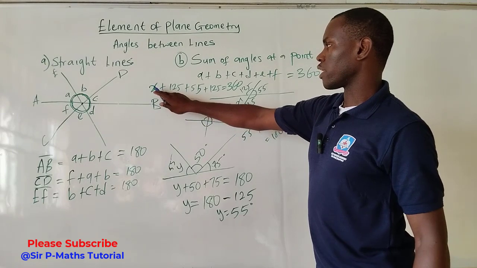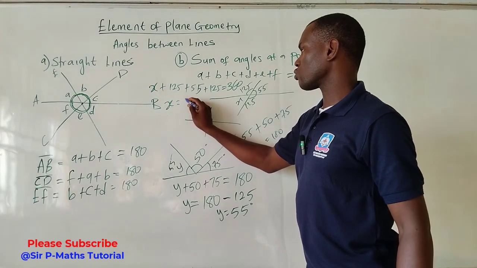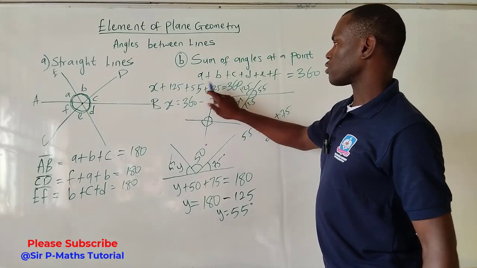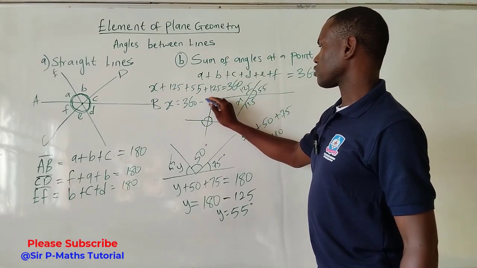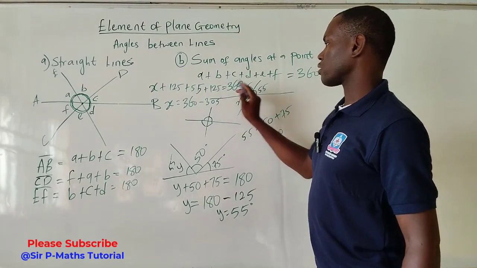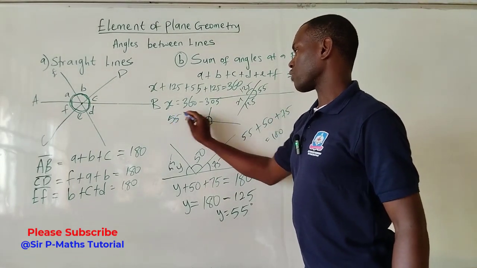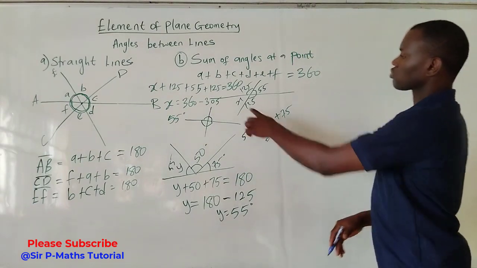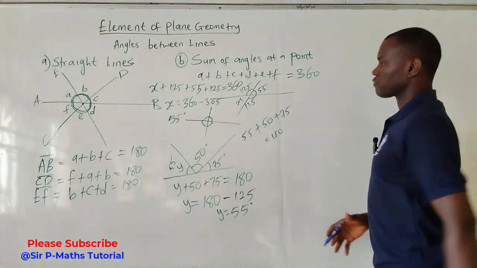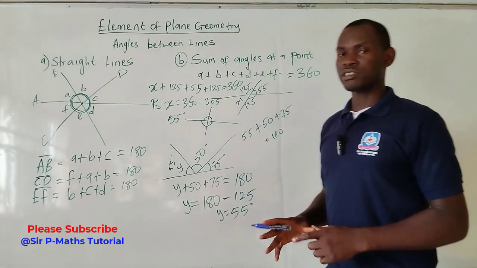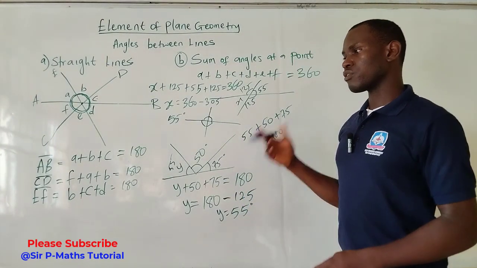Then we make x the subject of the formula. X is equal to 360 minus the summation of these whole angles, that is 305. If I subtract it, I will obtain 55 also, all right? So here is as well 55 degrees. So whenever you have angles around a point, summing all of them will give you 360.